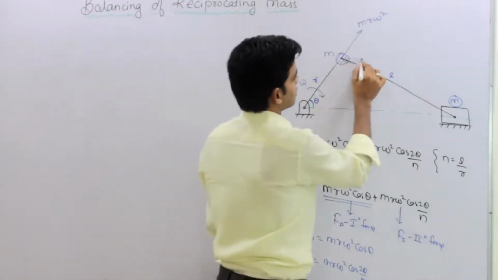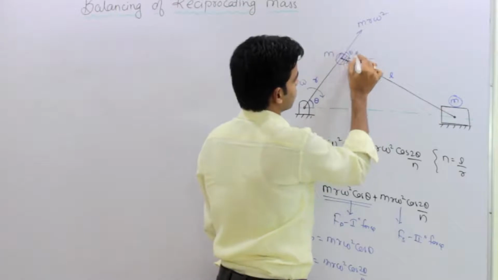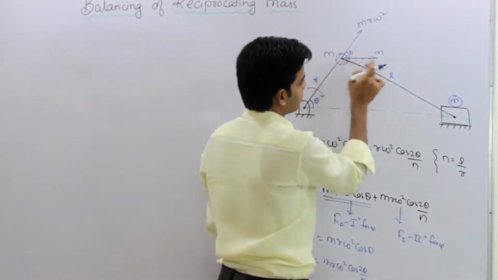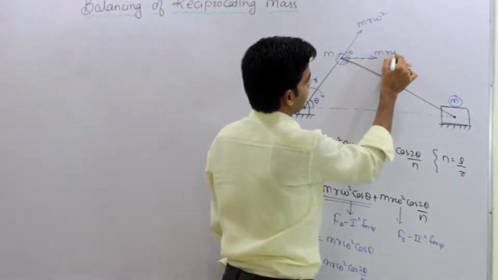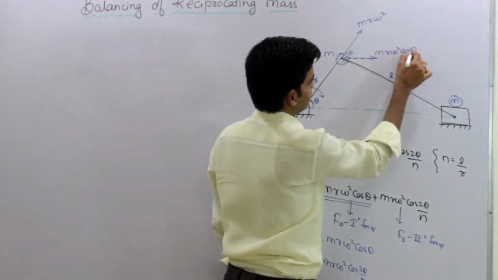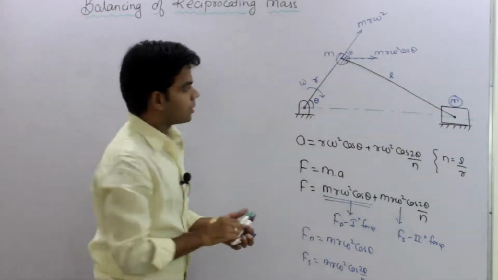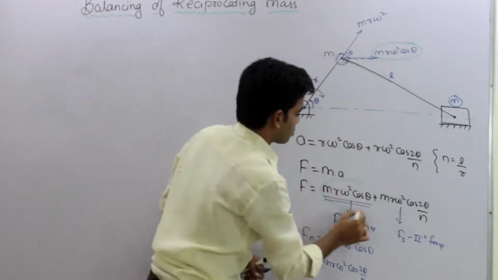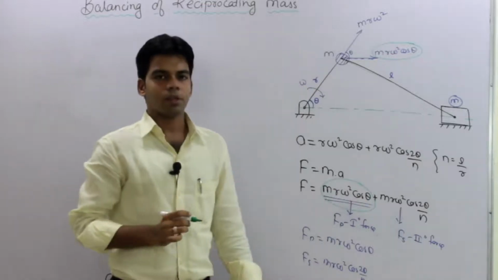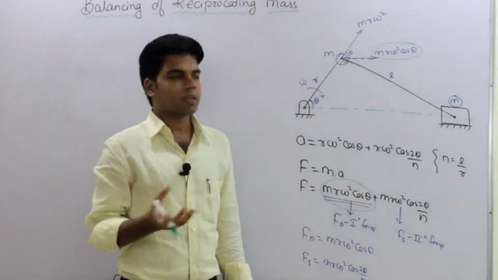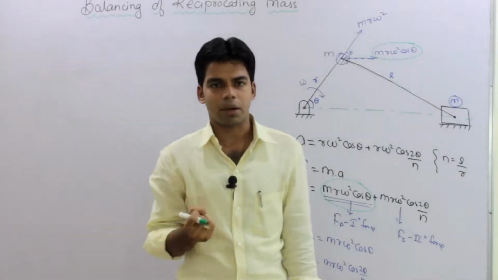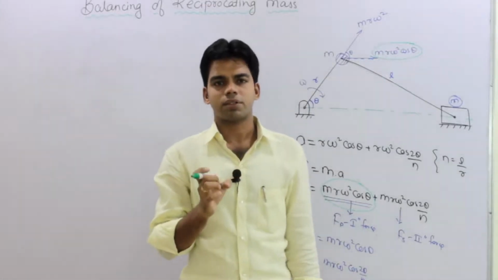Since this angle is theta, the x component will be equal to mr omega square cos theta. And this mr omega square cos theta is nothing but the primary force which we have to balance. That's why we are assuming this particular mass, because we can easily balance the rotary mass, but reciprocating mass is difficult to balance directly.